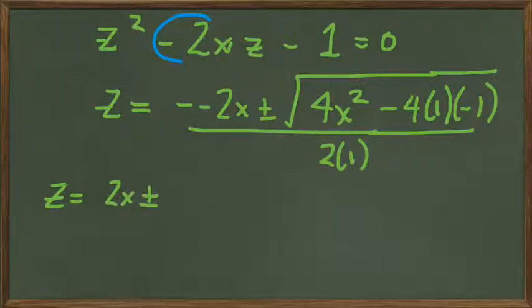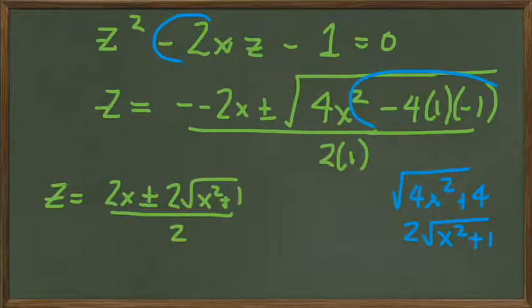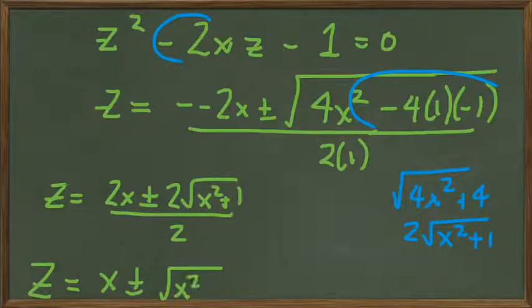Now let's take a look at what we have here. This is the square root of 4x squared plus 4, and so we can take a 2 out of that, or take a square root of 4 out of that as a 2, and so we can simplify this like this. Everything divided by 2, and so z is x plus or minus the square root of x squared plus 1.